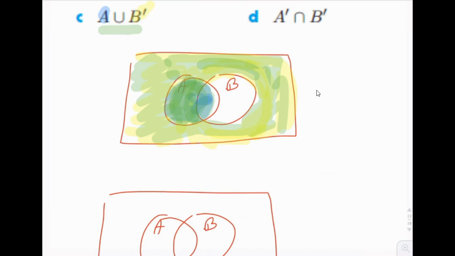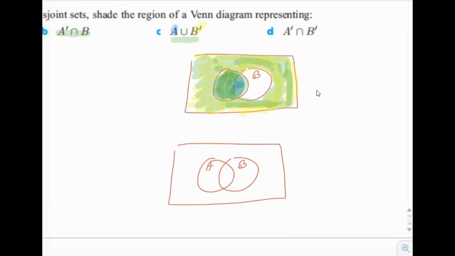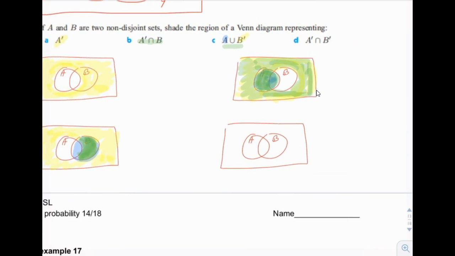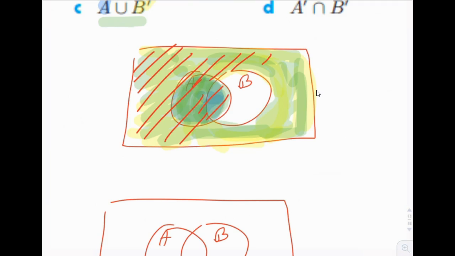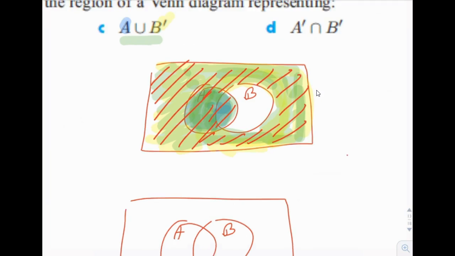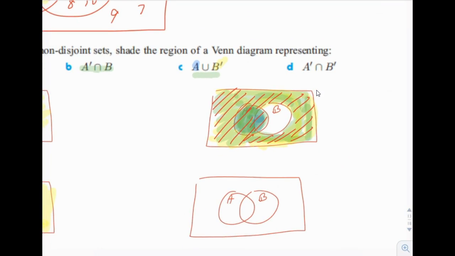Everything that's colored, everything except for the white part, is A union B dashed, right? Okay. Finally, maybe I should do it with this pen here. So it also includes this part, right? Okay. All right, and then the last one, A dash intersect B dash.